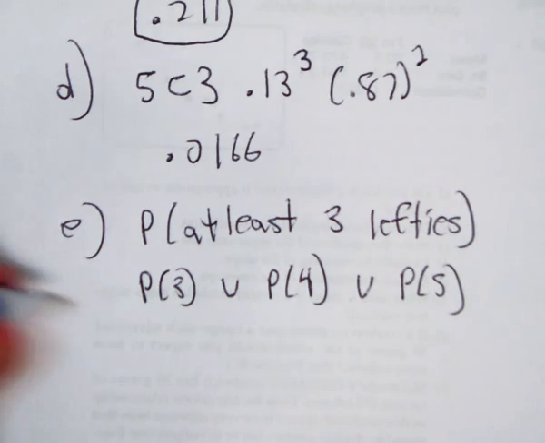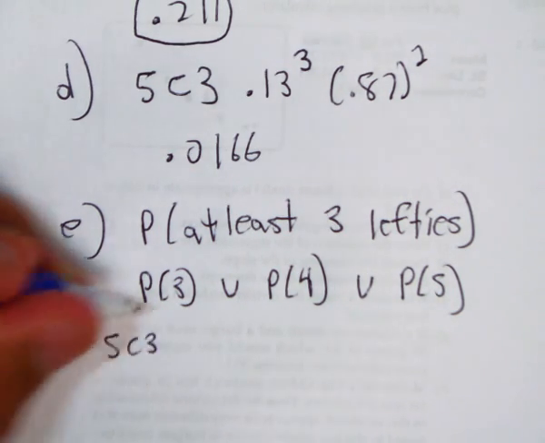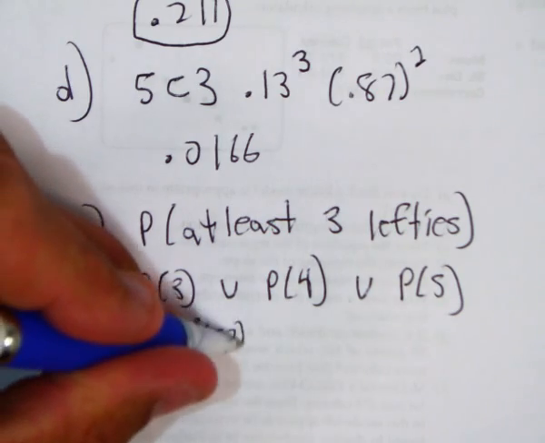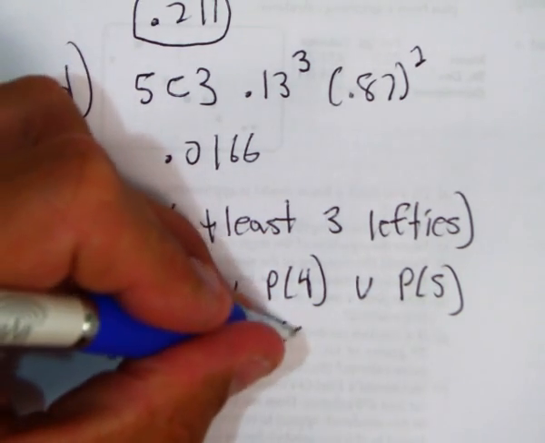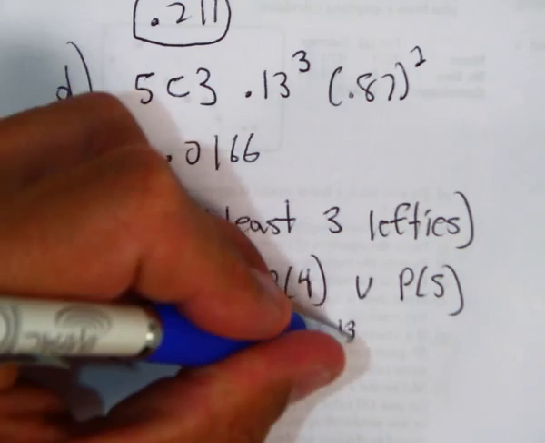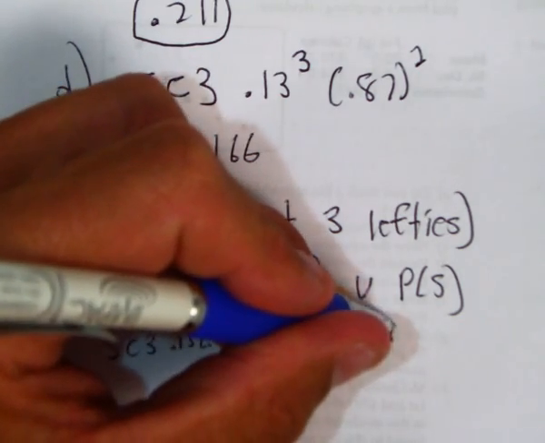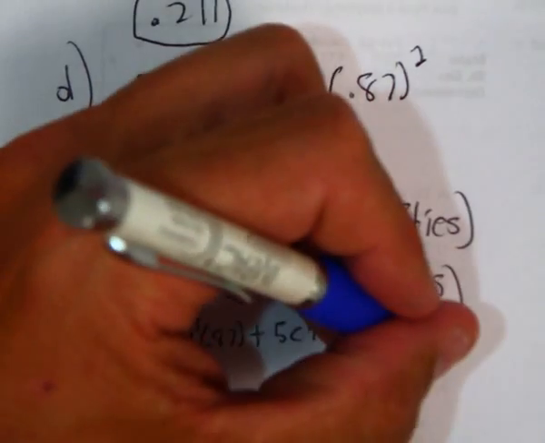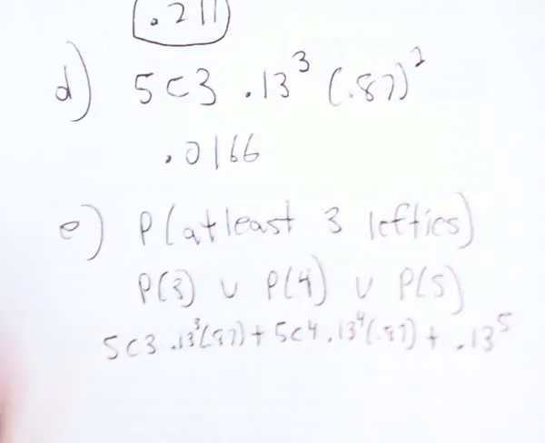So this is 5, choose 3, 0.13 cubed, 0.87 squared. This is 5, choose 4, 0.13 to the 4th times 0.87. Or all 5 are lefties, and all we got to do there is just 0.13 to the 5th.